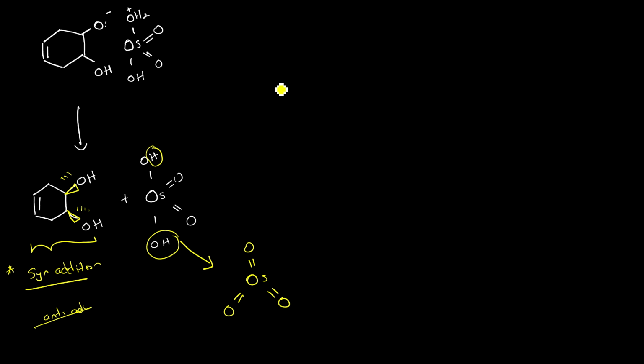So what we can use is another compound, NMO, right? The name is N-methylmorpholine N-oxide. This guy can oxidize this osmium atom back into the original form.